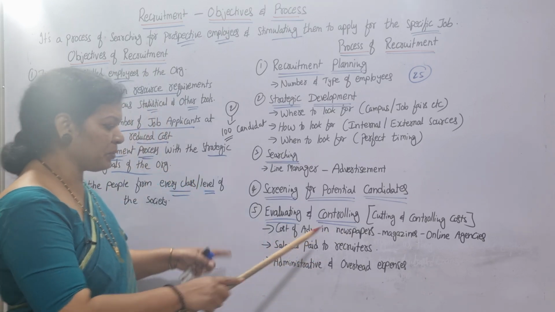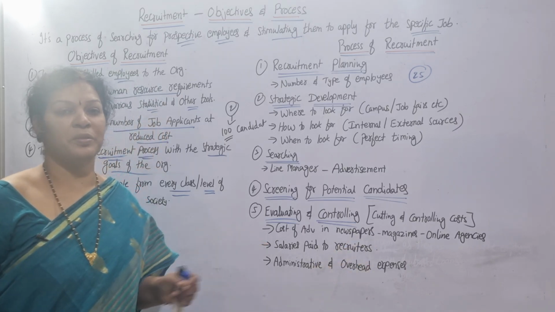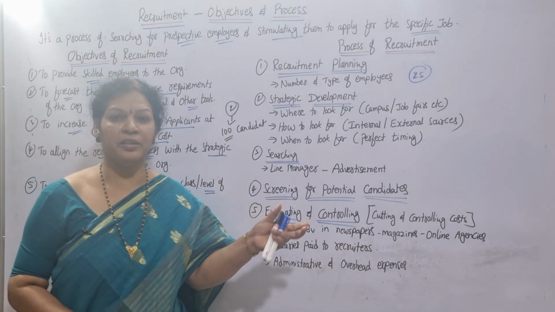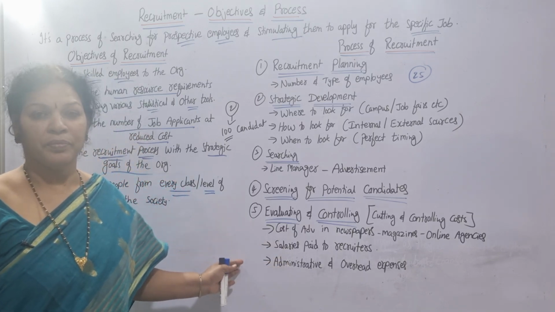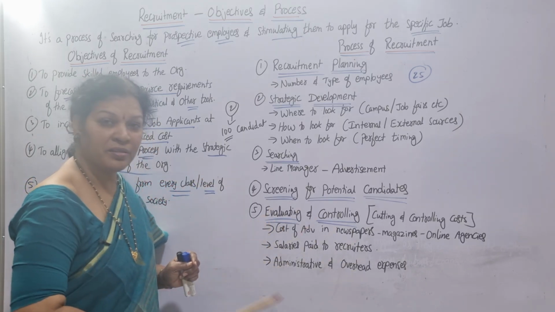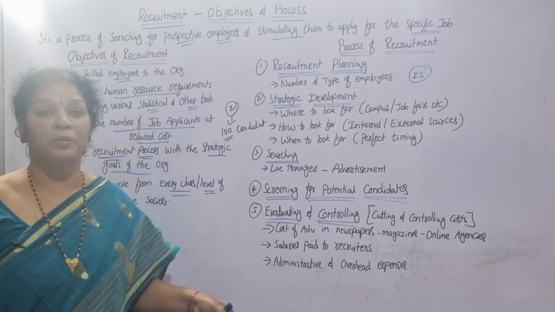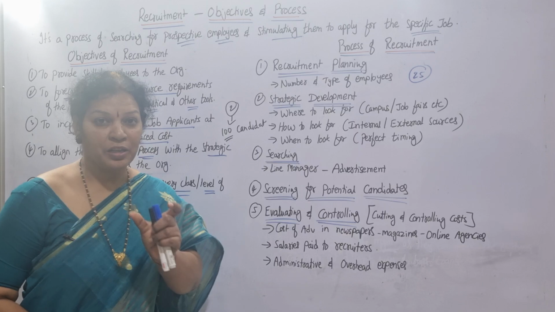So this is also one of the costs. And also administrative and overhead expenses, other expenses like traveling, TA, DA, etc., to the recruiters, whatever you are paying. So everything is cost related to the recruitment. How do we cut down, how do we control it? So this could be the last process.